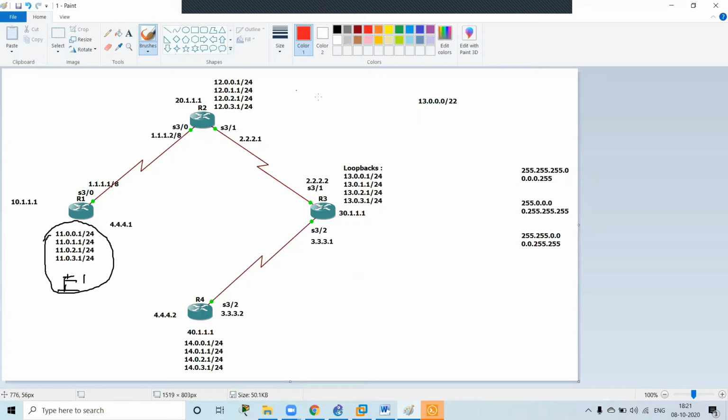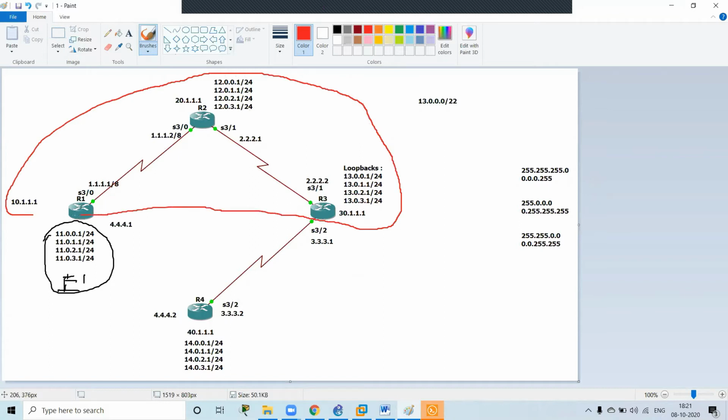As per my last configuration, these will be running OSPF area 10, these will be in area 0, and the last, these loopbacks will be running in RIP.